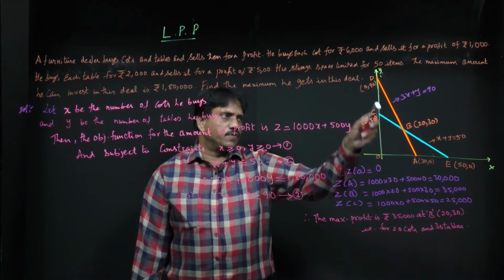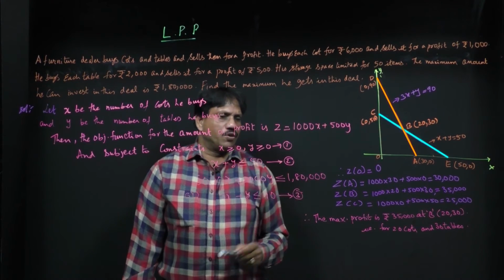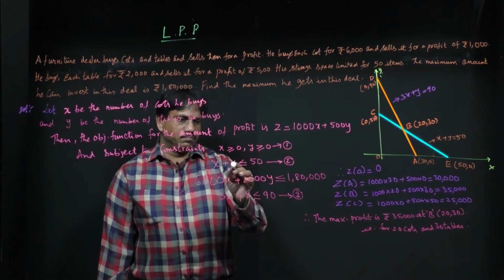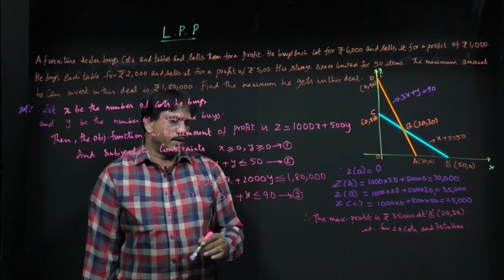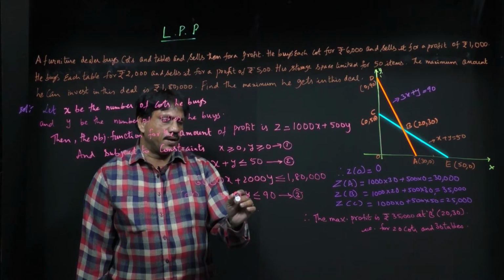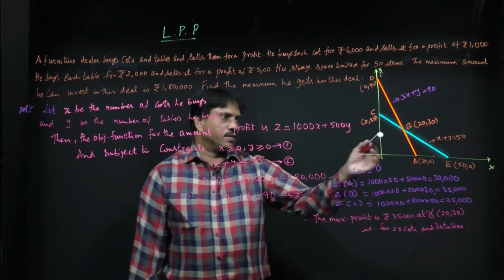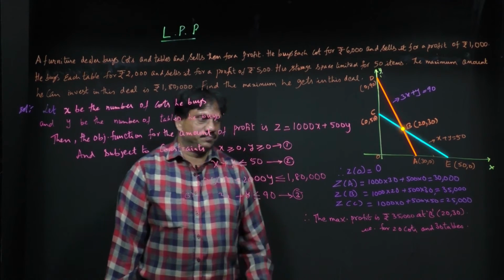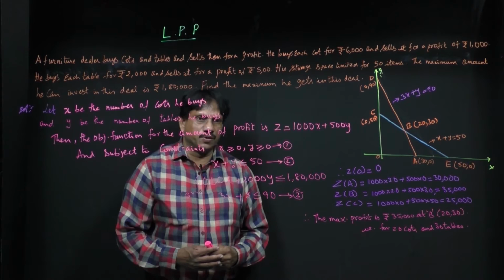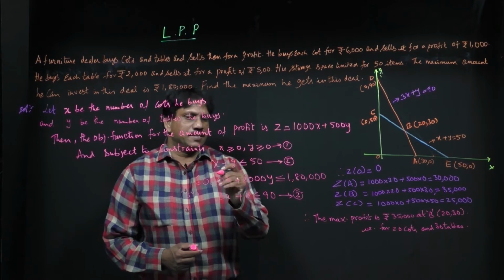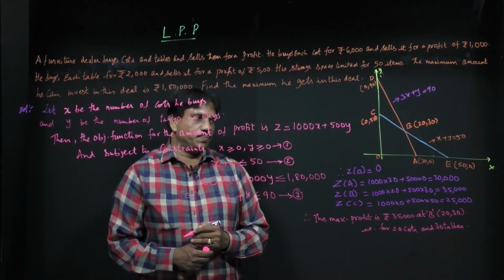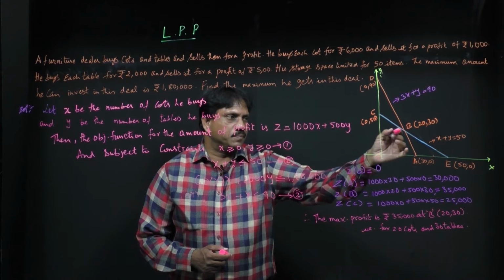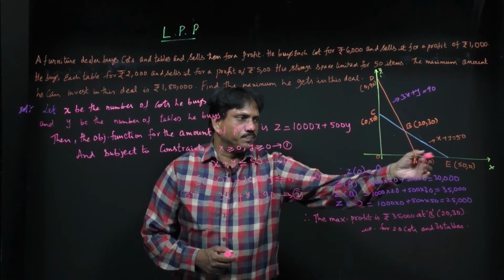Now by observation, these two lines are intersecting. You want the solution of equations 2 and 3. By eliminating y, putting 50 minus x in place of y, you will get the point of intersection B equal to 20, 30. Now students, we want the feasible region. x plus y is less than or equal to 50, that means it is the inside part.